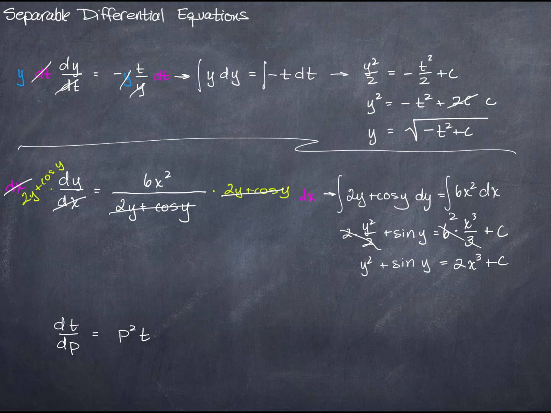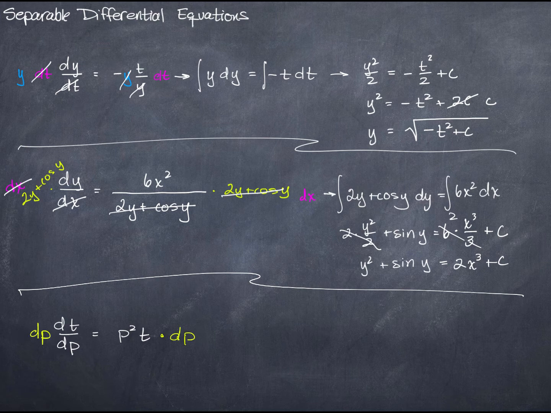All right, let's take a look at this last one here. I can see that multiplying both sides by dp is going to let me cancel the dp on this side. But how do I get rid of this t? If I divide both sides by t, then I end up with something over t.